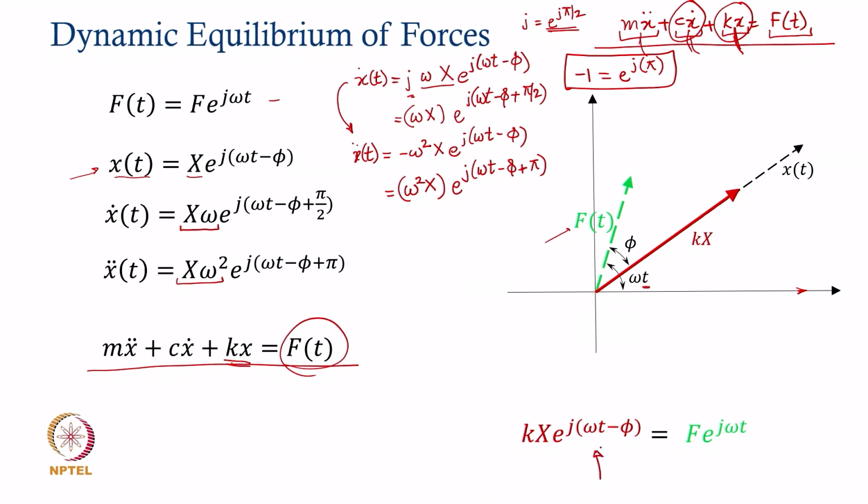This is what the restoring force would look like, but this restoring force has an orientation omega t minus phi, which means its angle with respect to time t equal to 0 is where it started from here. The force F already has the orientation omega t, which is given here.